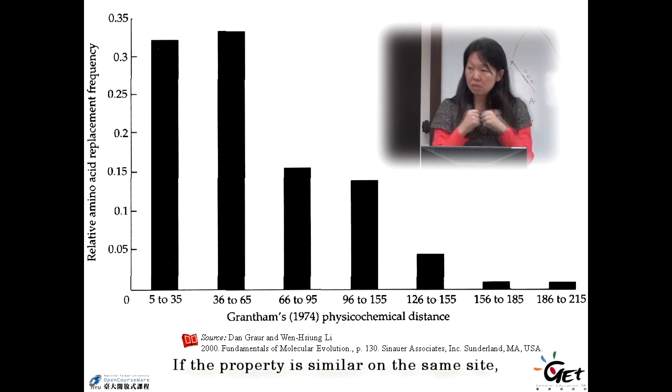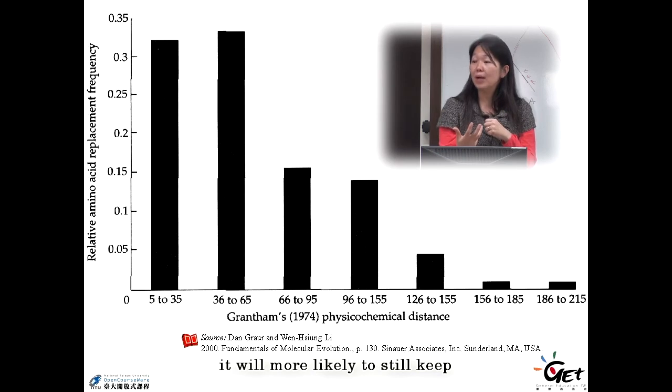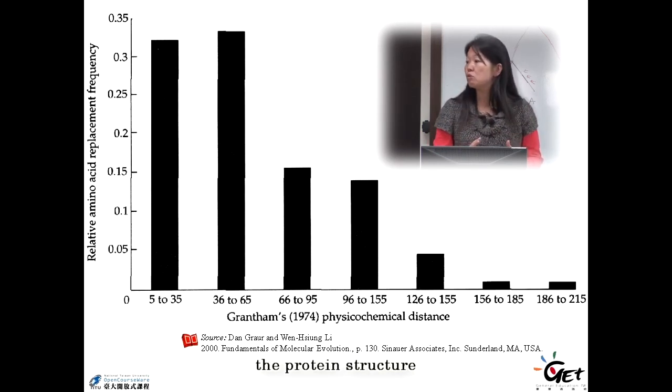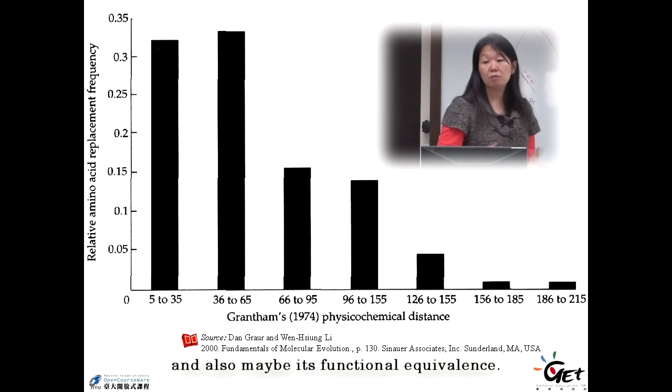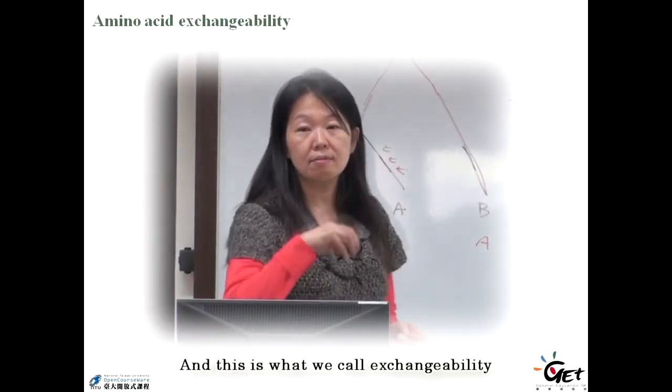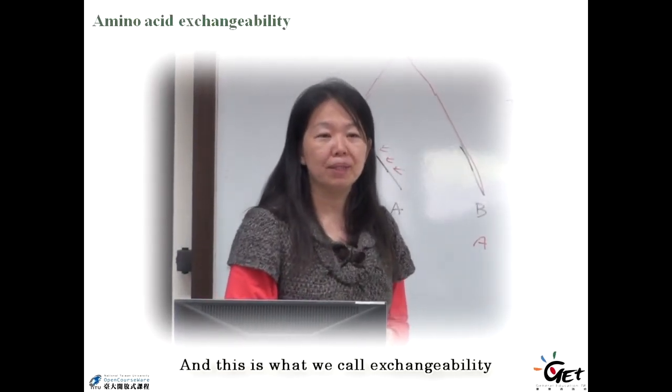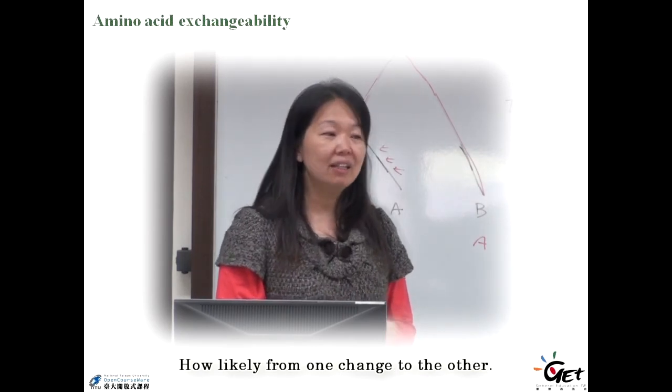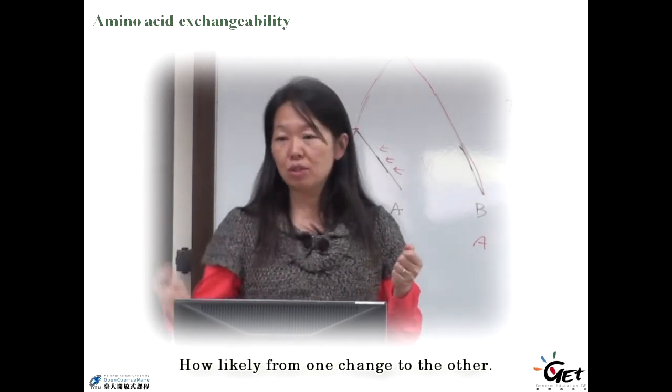If the property is similar at the same site, it will more likely still keep the protein structure and maybe also its functional equivalence. So this shows you the two types of analysis have very high correlation. And this is what we call exchangeability, like how likely one change is to the other.